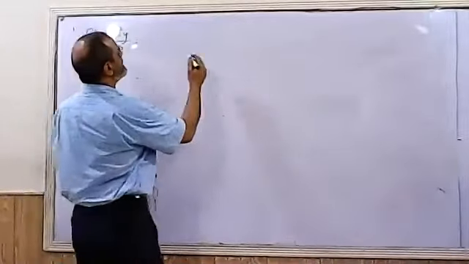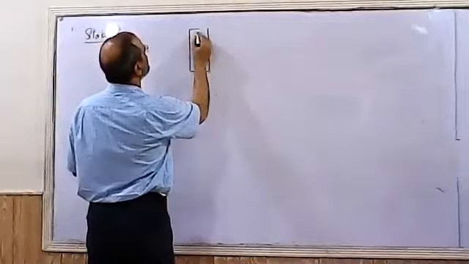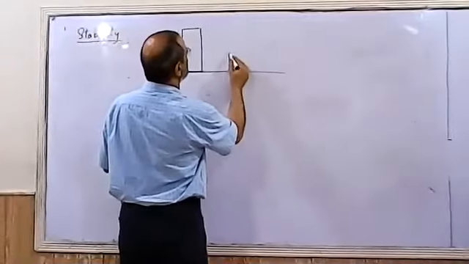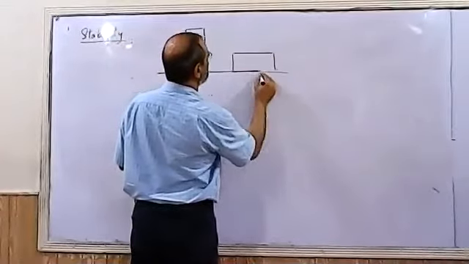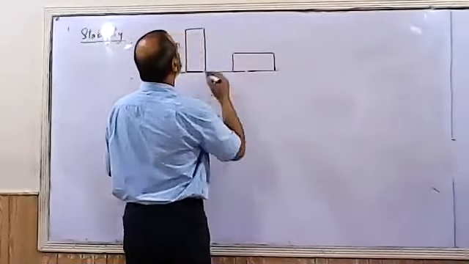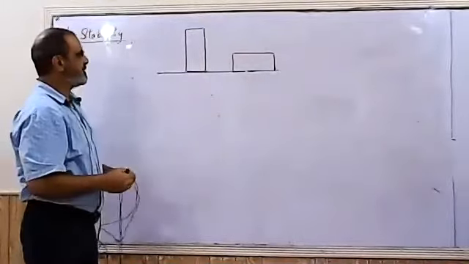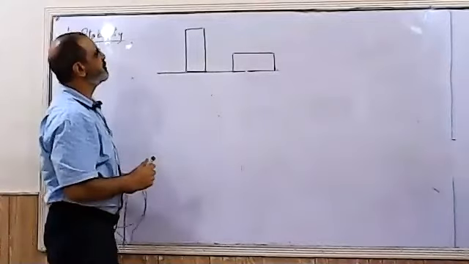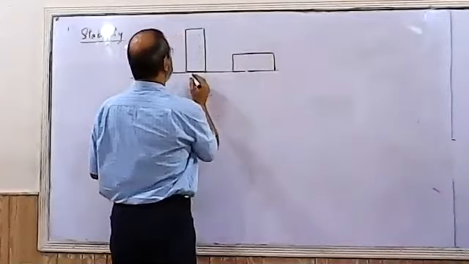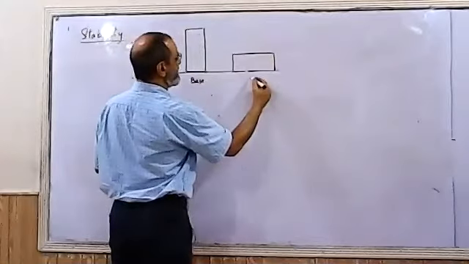Like if I consider a block placed in this manner, and if I place the same block in this manner. So, the same block placed on a surface in two different ways. In the first case, the area of the base is lesser as compared to the second case.